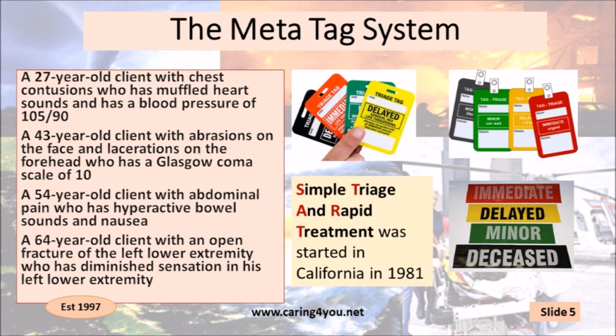Anyone, let's go over it again. Anyone who can walk and refuses treatment gets a green tag. Anyone who is injured but they can wait gets a yellow tag. Anyone that is critically injured and needs to go to the hospital immediately or they will die, right, gets a red tag, all right?